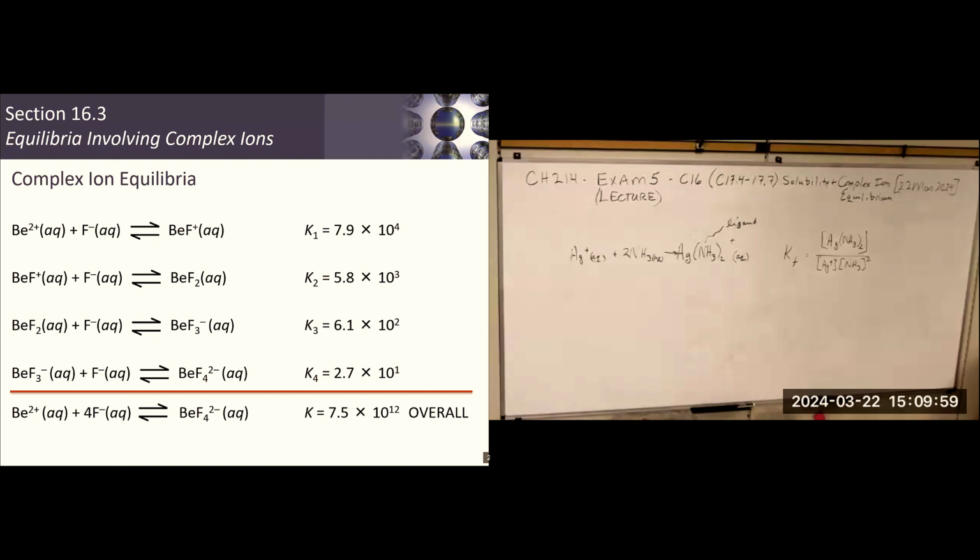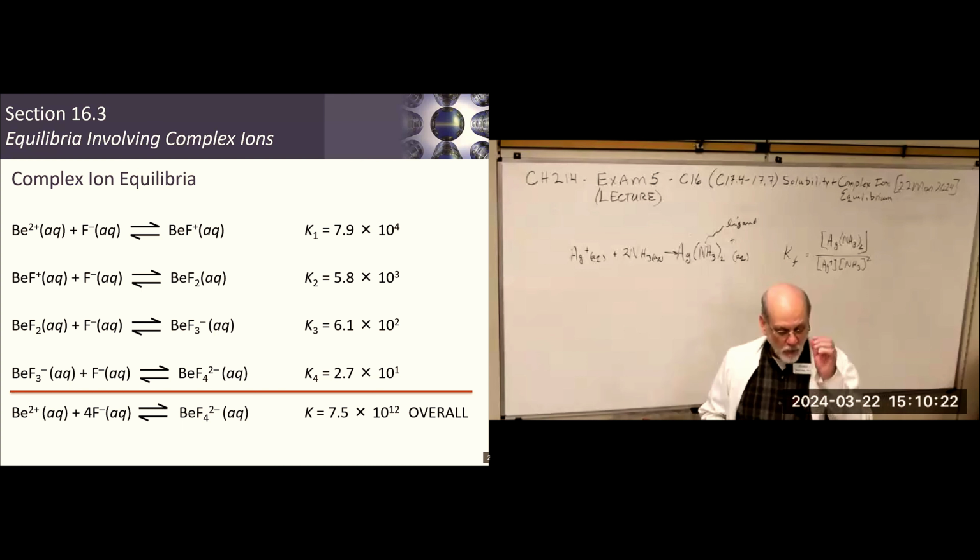There's a set of rules for nomenclature in these complex ions. I think it's tetrafluoroberyllate 2- ion. I think that's the way they say it.